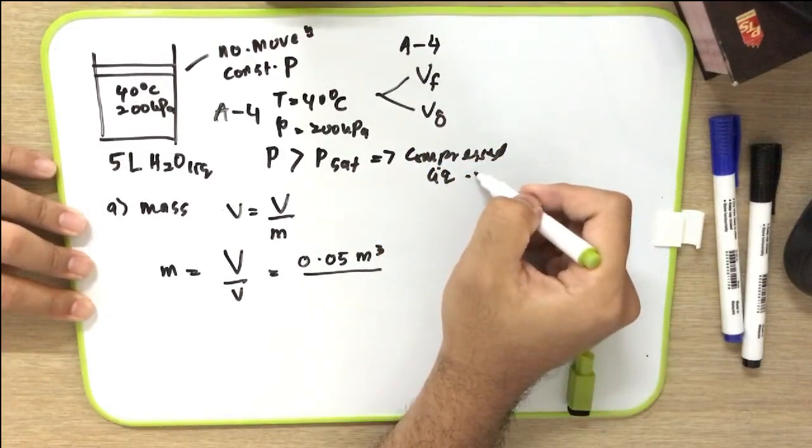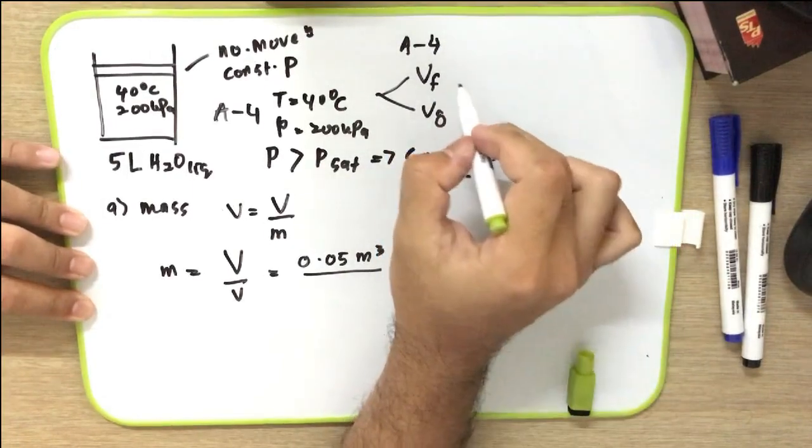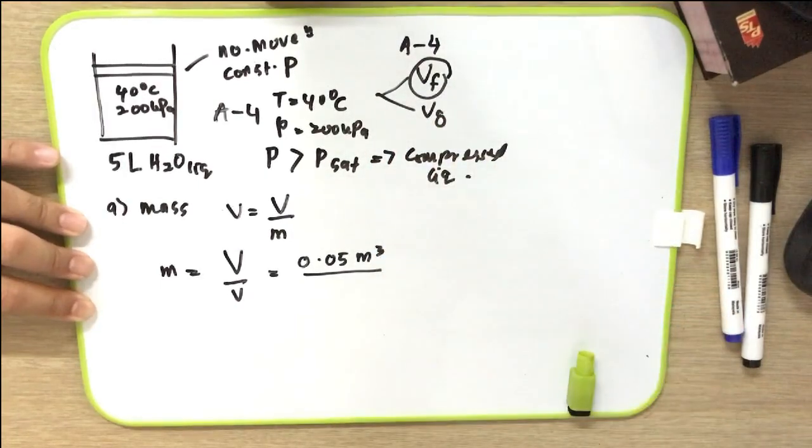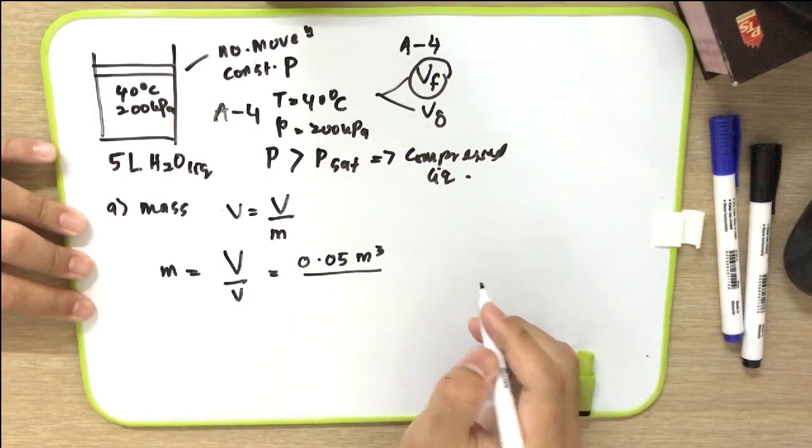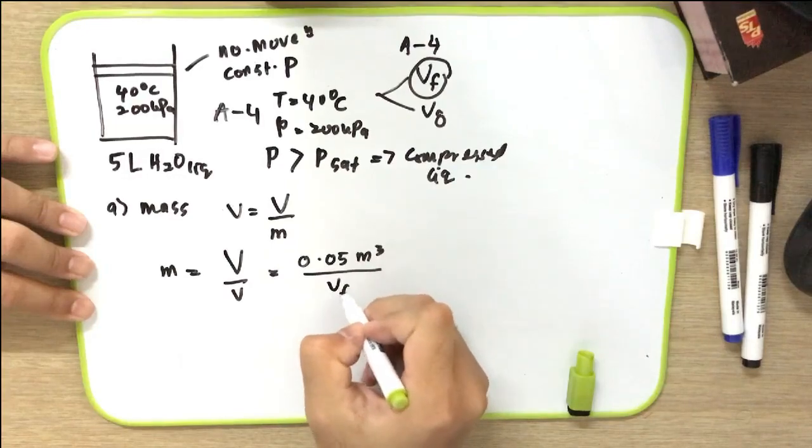Because this is compressed liquid, we need to use VF. So v here is VF.